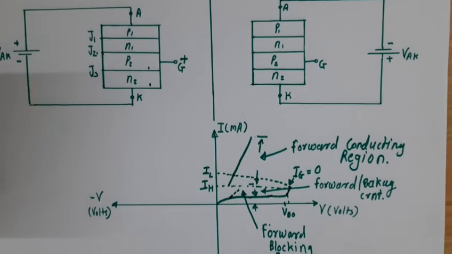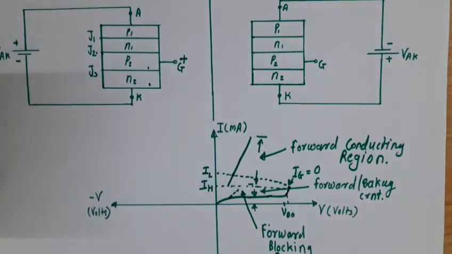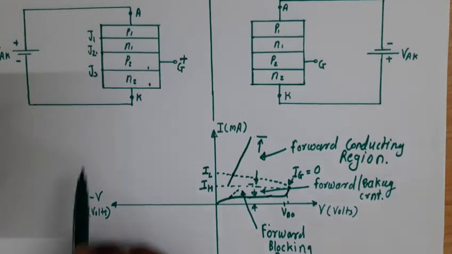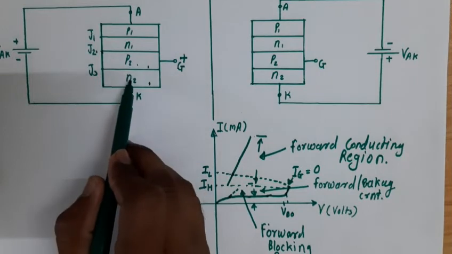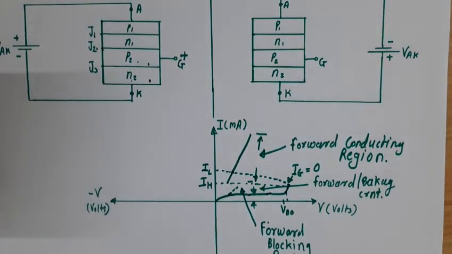When anode is positive with respect to cathode, the application of positive potential to the gate terminal causes a gate current Ig1 to flow via the gate contact and layer P2 and N2. This gate current can turn on the thyristor, that is, change its state from forward blocking to forward conducting.